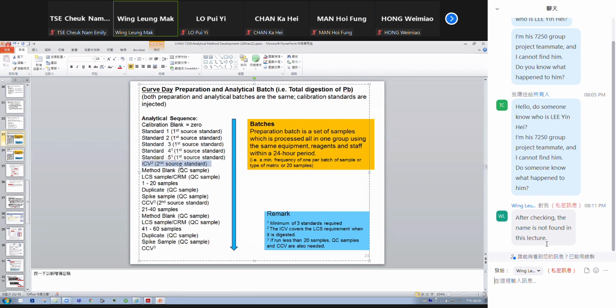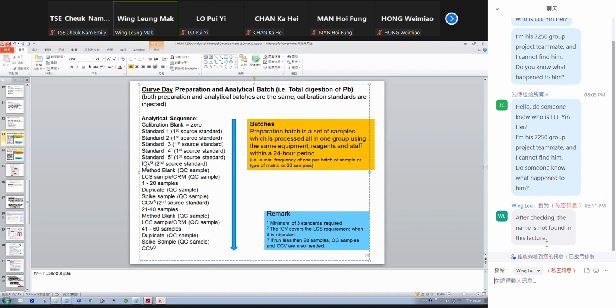Okay? And then you have the method blank. Method blank is a QC sample; you need to add it always. And also you need to analyze the LCS or CRM samples as your QC samples. They give you a positive, known concentration of the target analyte.